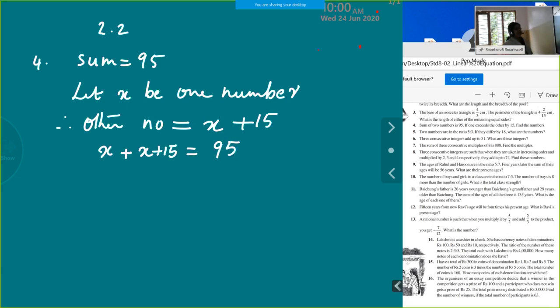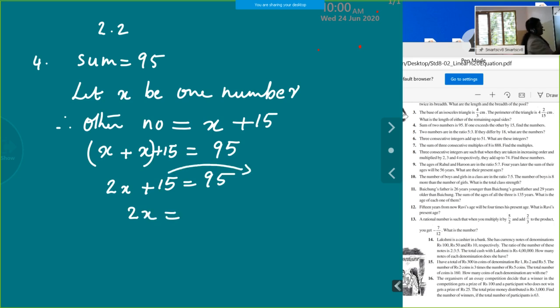Now add the like terms. Here x and x are added, we get 2x plus 15 is 95. So 2x is 95, and 15 is taken to this side, so it becomes 95 minus 15. That is going to be 80.